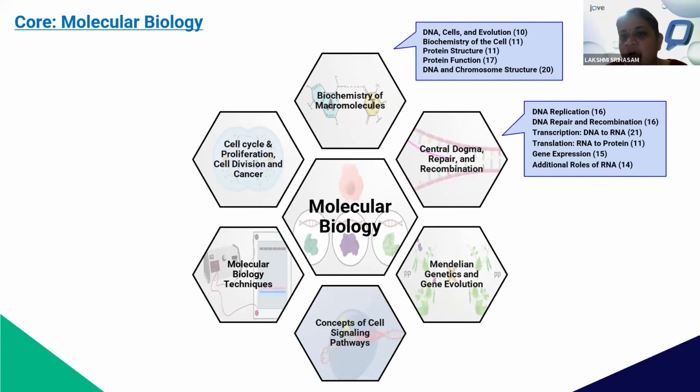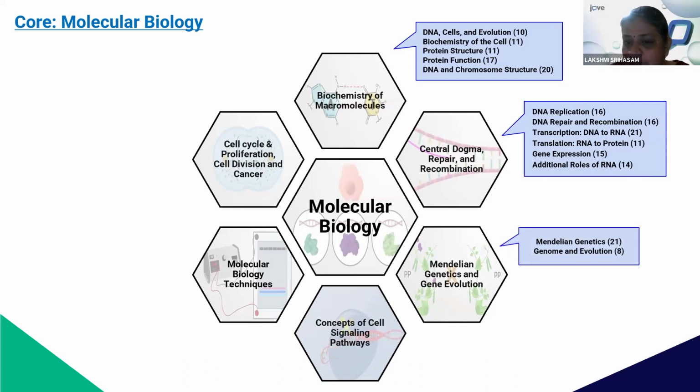So here in the central dogma, repair and recombination, we go through the various important concepts of DNA replication, repair, recombination, transcription, translation, gene expression, all this using clear, crisp animation videos that help the student to visualize these concepts better. Next, we have the Mendelian genetics and gene evolution, where lessons about classical Mendelian genetics are dealt with, and also about genome, evolution, and phylogenetics are described in this particular unit.